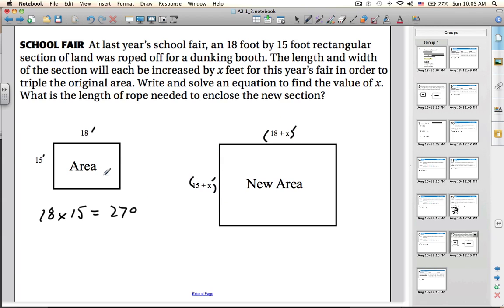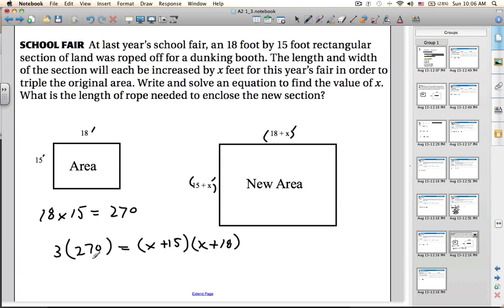So if the original area was 270 square feet, and my new area is going to be 3 times that, I could say that 3 times the original area needs to be equal to the new area, which is going to be the unknown distance x that we're making things larger by, plus 15 and plus 18.